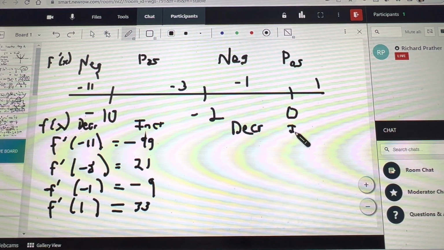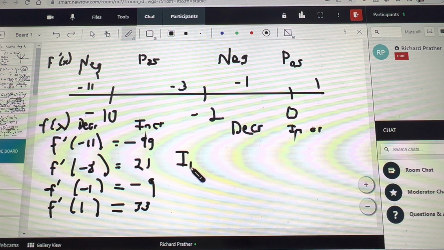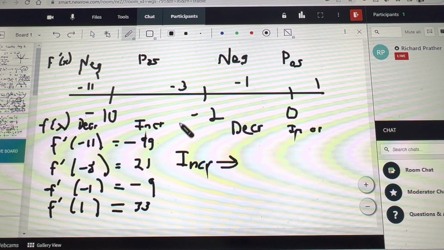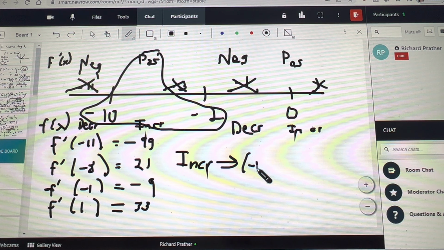Another increasing. Because they want increasing answers first always, find this portion here, cross out your checkpoints because they're not going to be part of the answer no matter what. So I'm increasing from negative 10 to negative 2 and from 0 forever after.